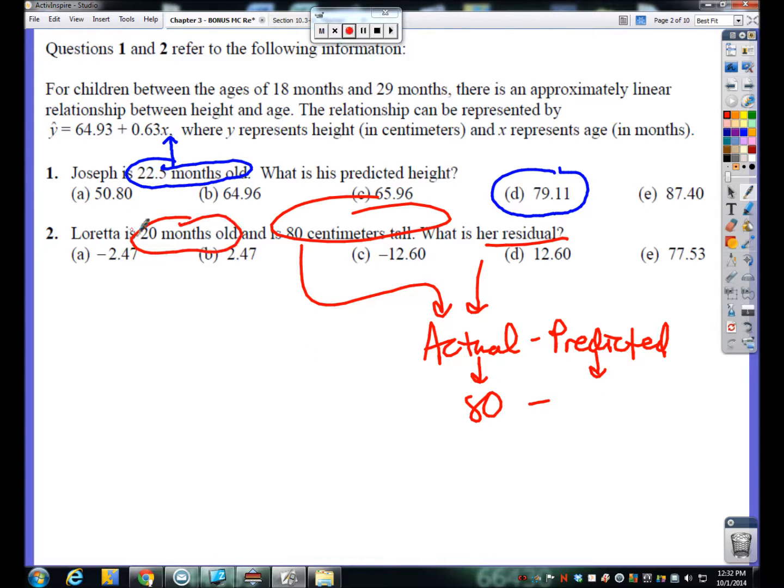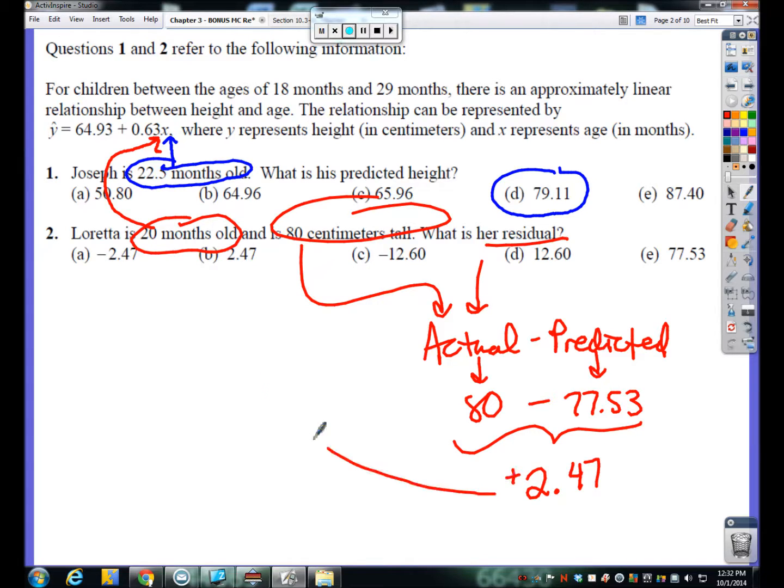Well, we'd have to do the same thing like we did with baby Joey. We'd have to plug in 20 into x, and so 64.93 plus 0.63 times 20 would give us 77.53. So subtracting actual and predicted would leave us with a residual of 2.47, positive 2.47.